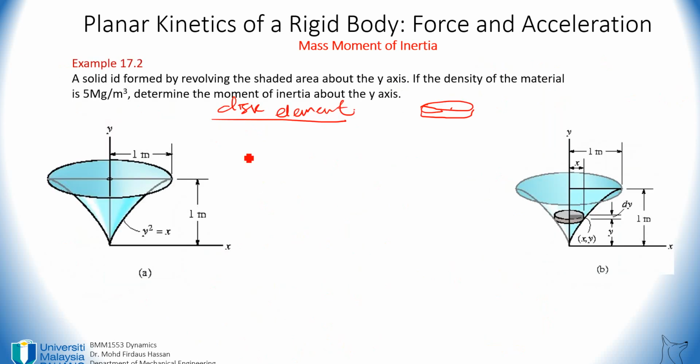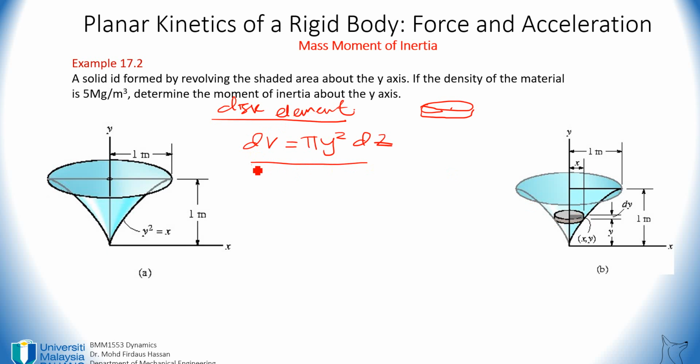So you cannot simply use this equation. You cannot simply use the equation of this element, whose volume is pi y square dz, since by the time you integrate this one, r is changing.